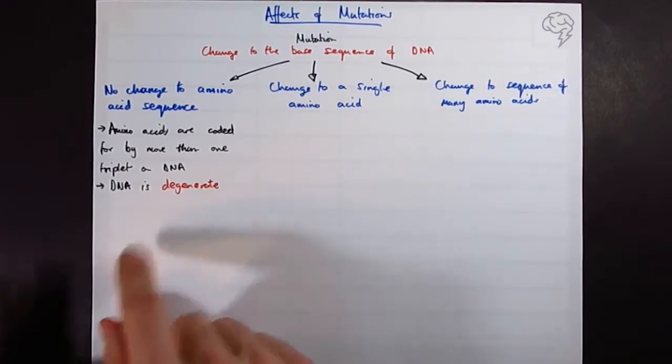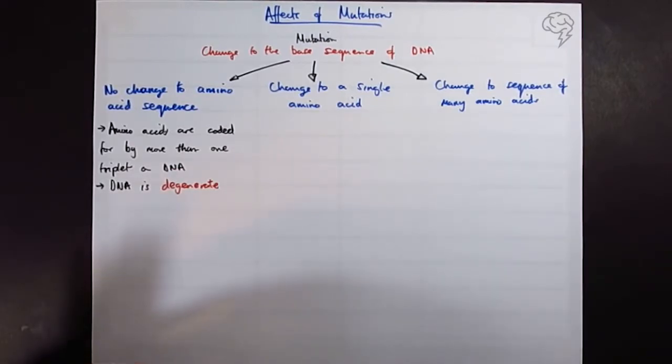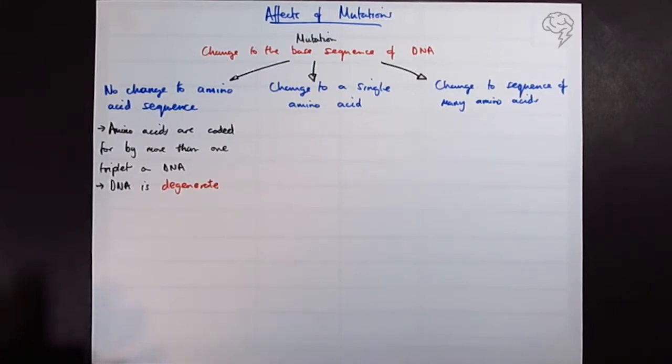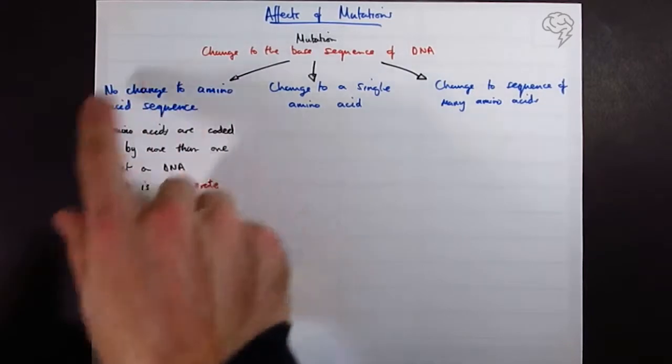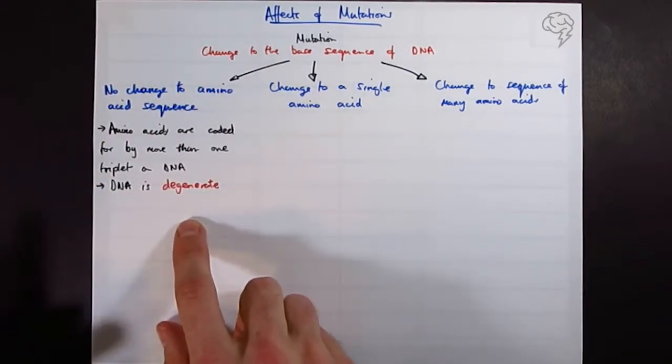This is mostly going to be brought around by a substitution, possibly an inversion, but again, only AQA students are going to need to know what inversions are. Pretty straightforward. This is hammered into you quite a lot during the course.